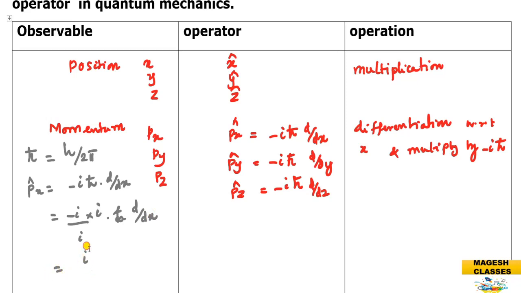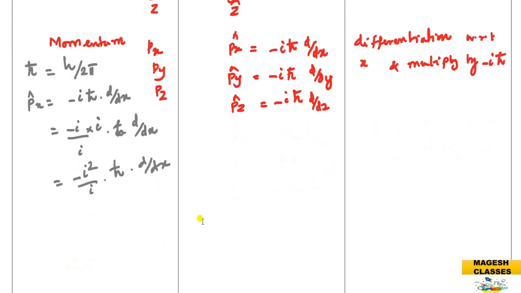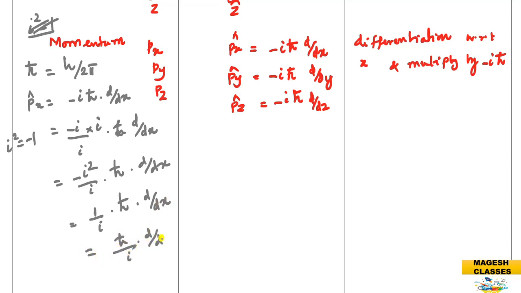It is i square by i into h cut d by dx. Here i square is equal to minus 1. So it is 1 by i h cut d by dx. This is equal to h cut by i d by dx.